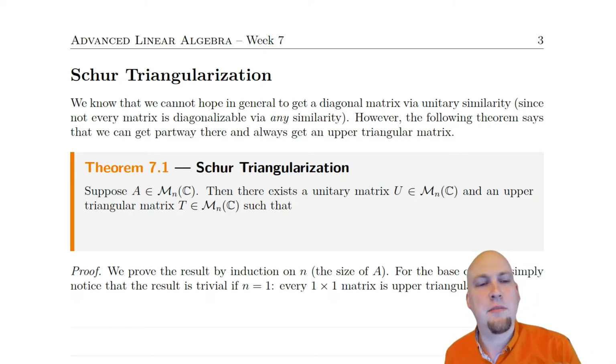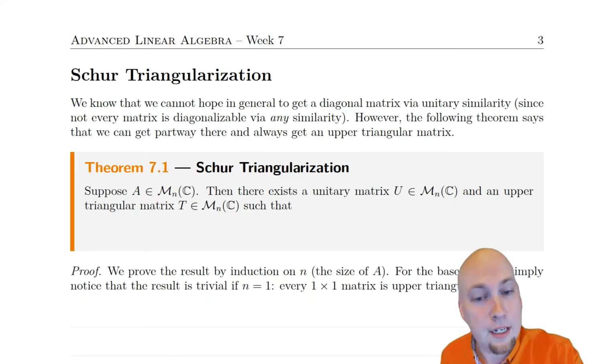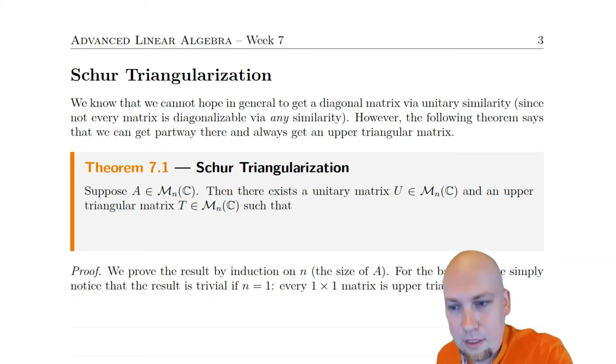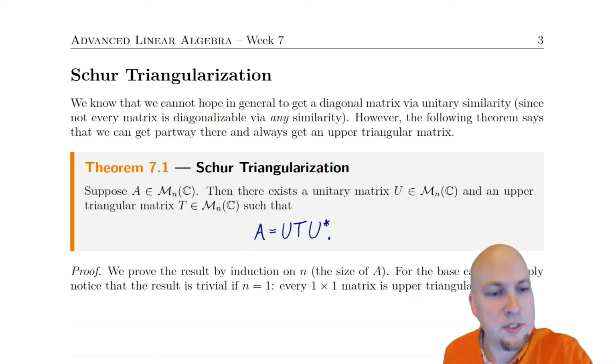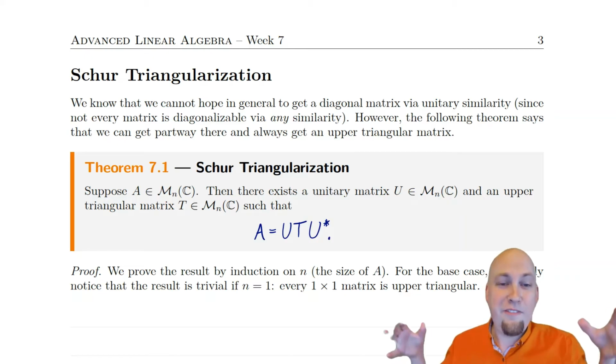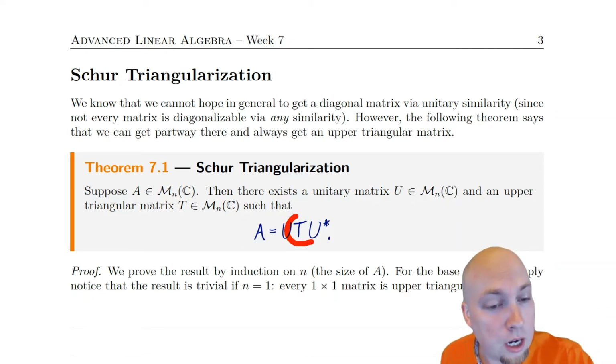Then the theorem says that there exists a complex unitary matrix U and a complex upper triangular matrix T such that A equals U times T times U star. So in other words, via a unitary similarity transformation, we can make A look upper triangular.